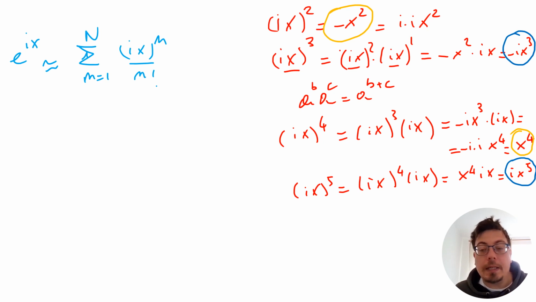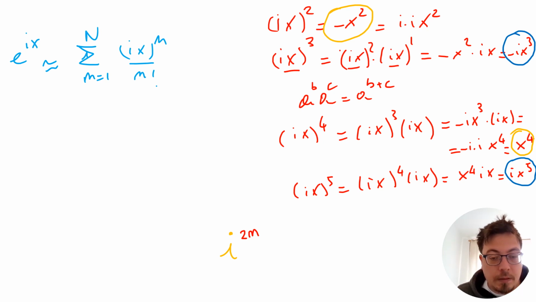Okay, it looks like that when we raise i to the power of an even number, 2n is always even, right? Because you can always divide it by 2. Any number multiplied by 2 is even.